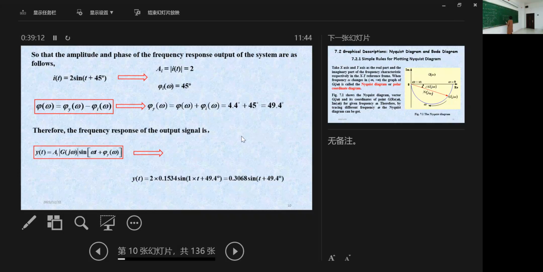My step is wrong, but my answer is correct. My steps are different. Okay, the result is this.